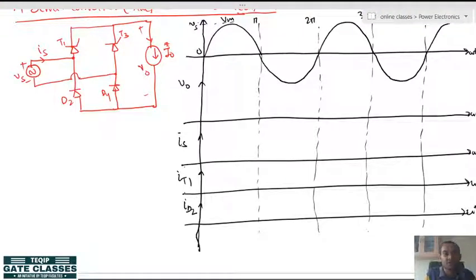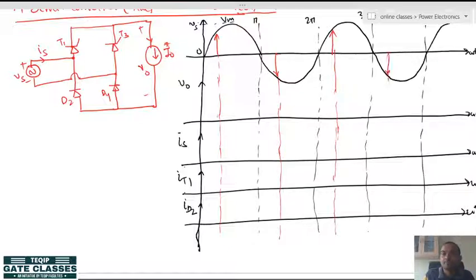Before that, let me mark the firing angles. This is alpha, this is alpha plus pi, alpha plus 2 pi, alpha plus 3 pi and so on.